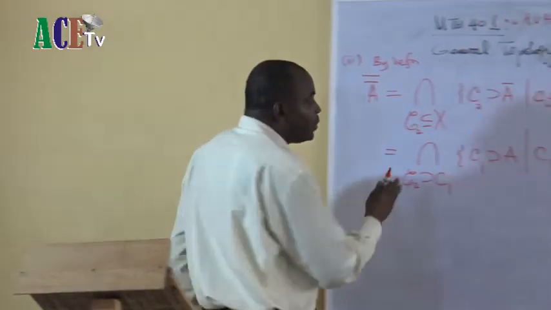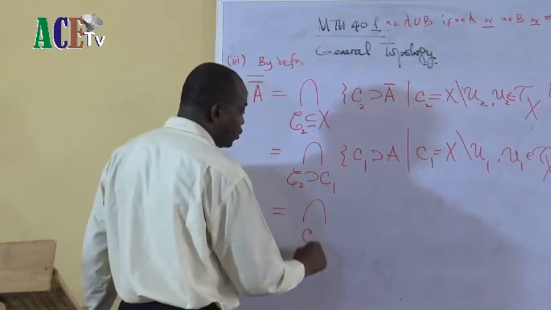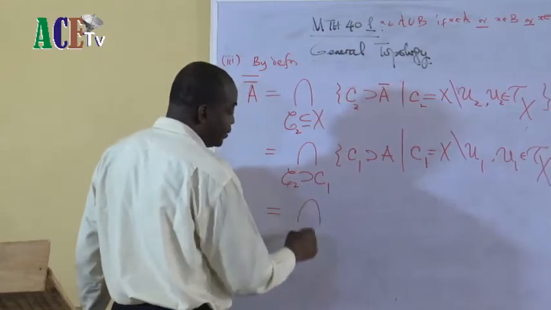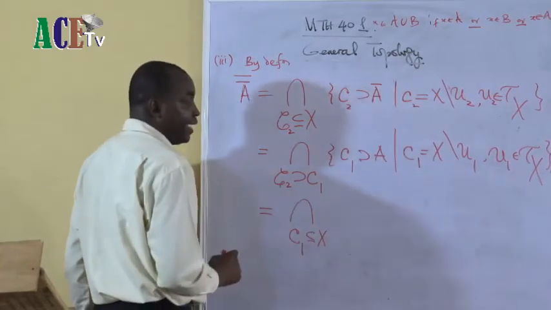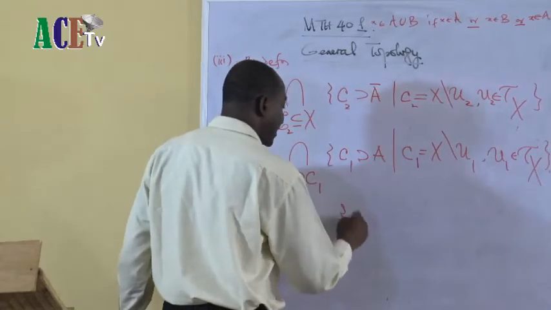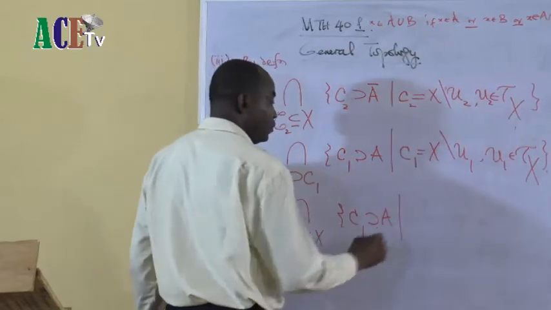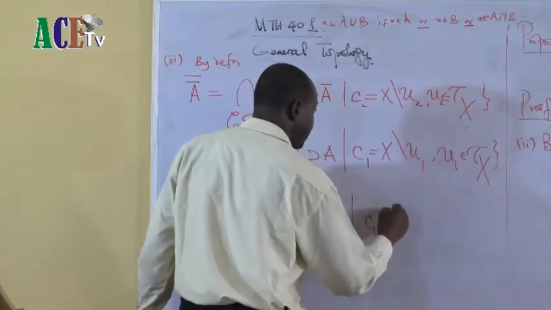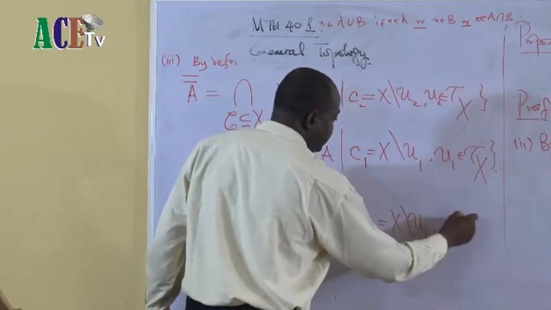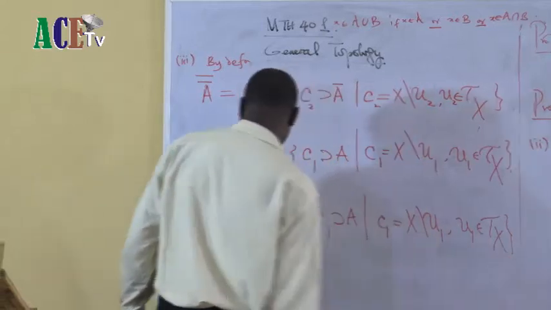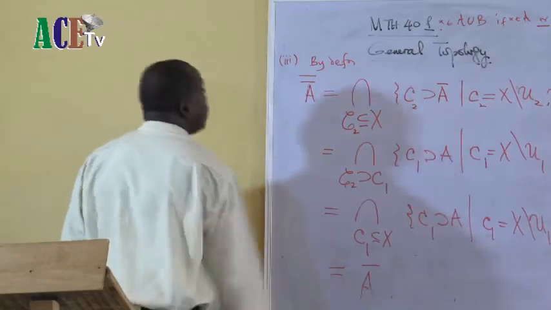So this here will give us simply the intersection over closed sets C1 in X, so that C1 contains A, and C1 is the same as defined up here. Hence, what we have here is the closure of A.